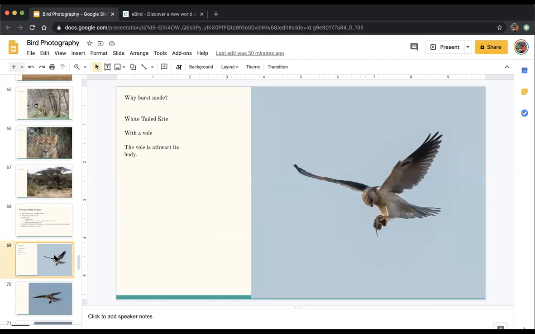So again, this goes back to the burst mode thing. This is an example of where burst mode helped. When I took this sequence, I had no idea. It's only when I went and looked at it later, because it happened so quickly. Here the kite has caught a vole, which it is holding athwart, so that the spinal cord of the bird and the spinal cord of the vole are at right angles to each other, right? It's across its body. And maybe that's how it caught it, but it's not a convenient way for it to hold it.